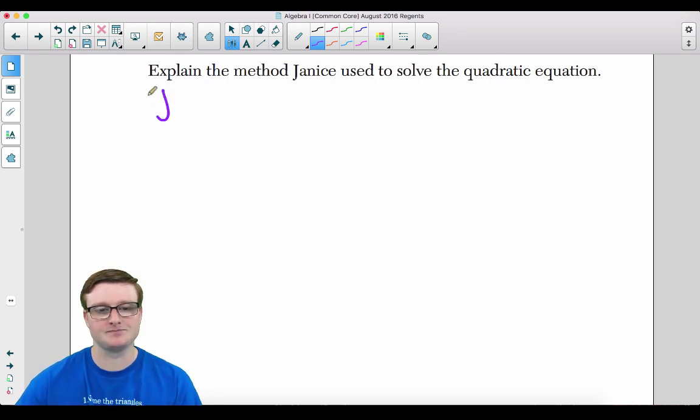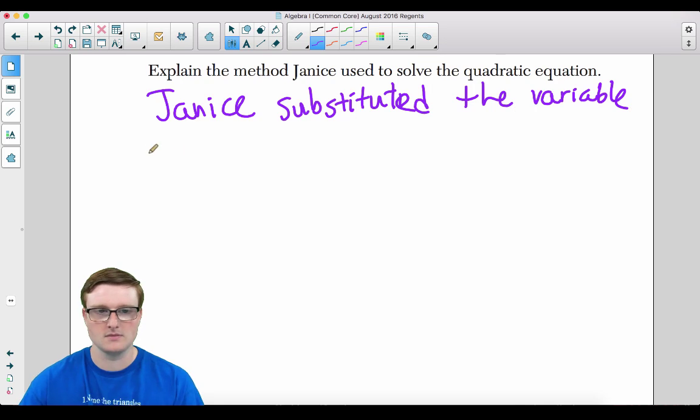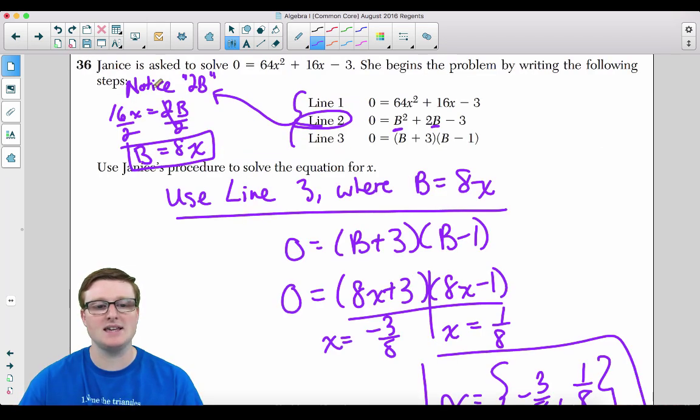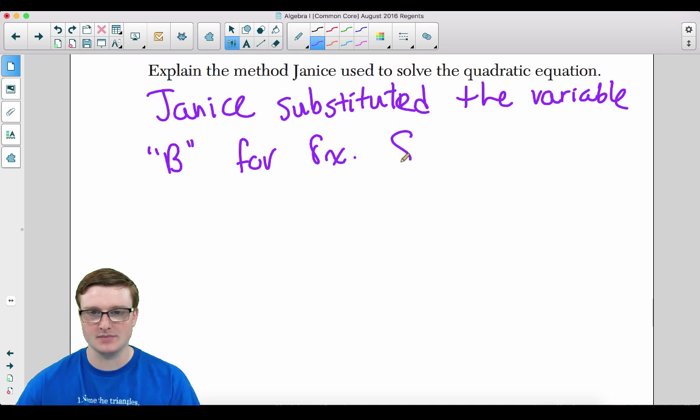So we're going to say that Janice substituted the variable b for 8x, which is what we said back here. We said let b equal 8x. So she substituted the variable b for 8x. Okay.